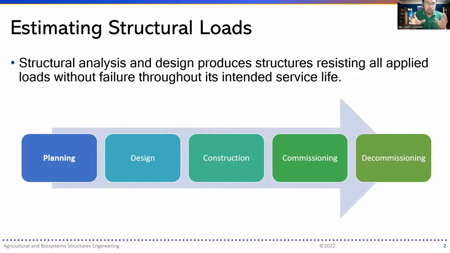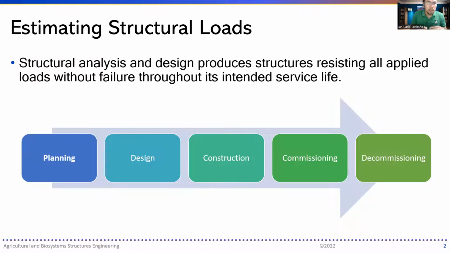Now, as you can see, the whole process of designing and developing structures and buildings, from the planning stage up to the end of life of the structure during the commissioning, involves a lot of engineering work, from front-end engineering to the construction and development to the commissioning.